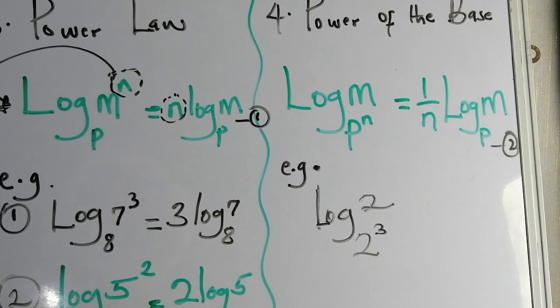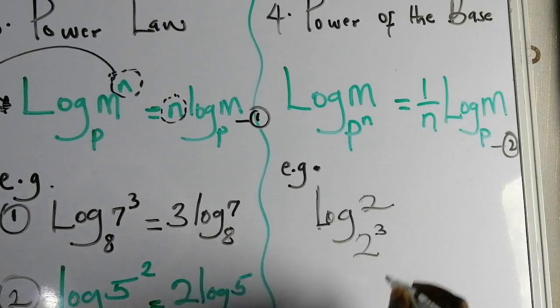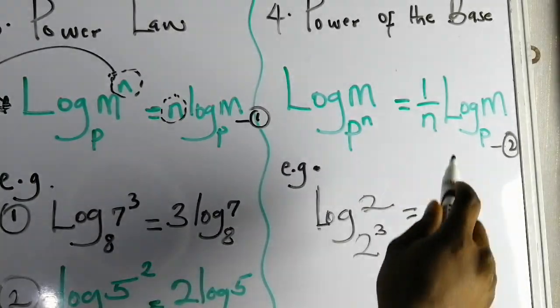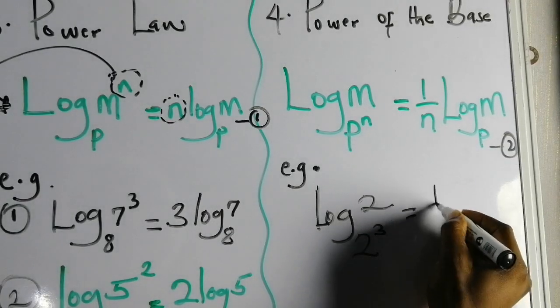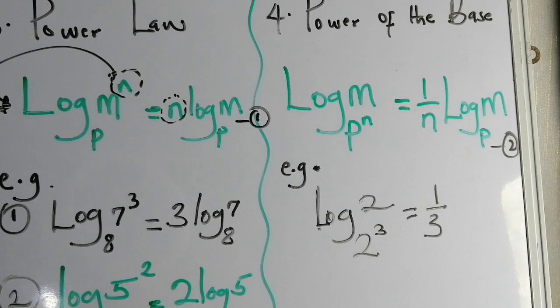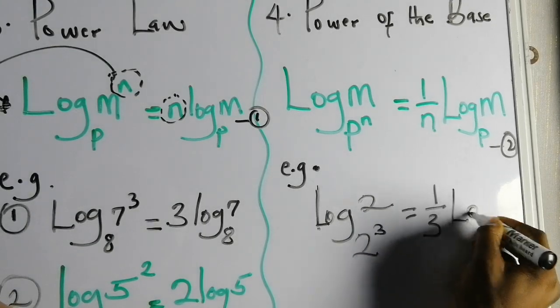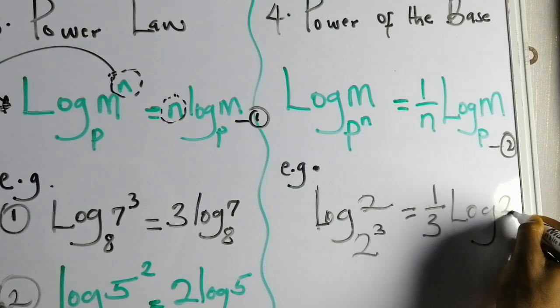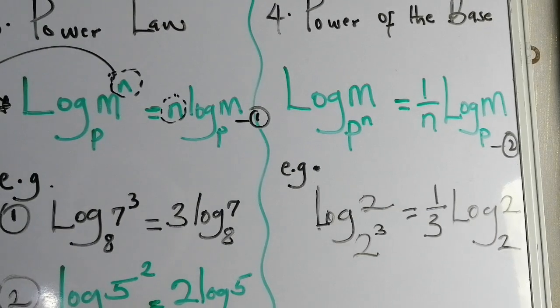At the end of the day, follow the rule, look at the law from equation 2. This is the same thing as saying 1 over 3 log 2 base 2. It's as simple as that.